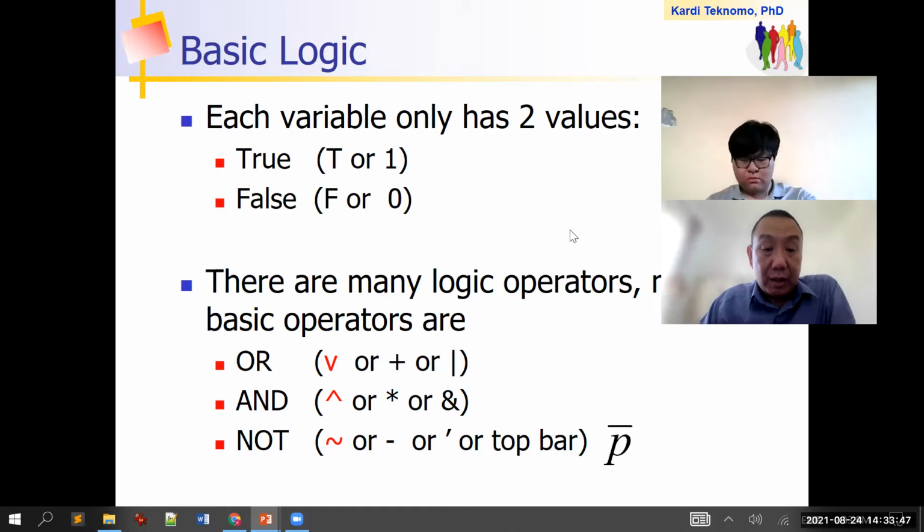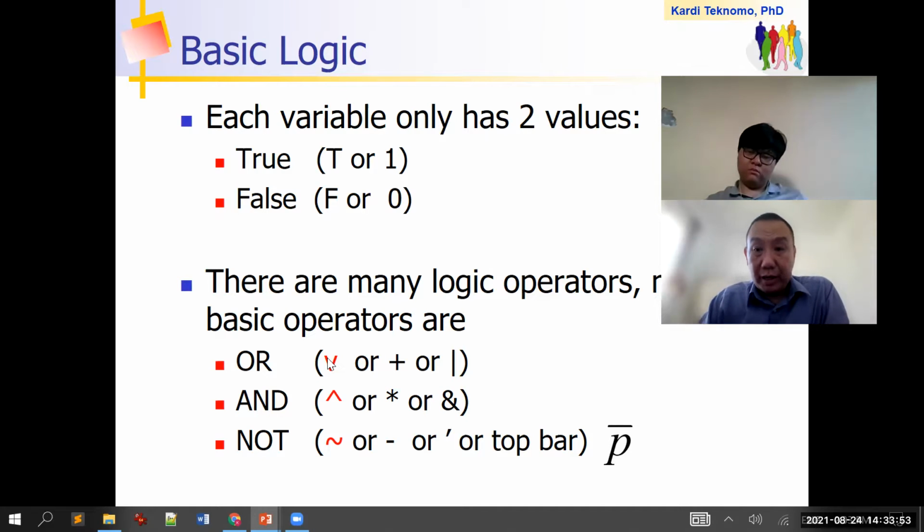I will abuse the notation here. If I say OR, I will use either a V sign, or plus, or sometimes a bar. The next operator is called AND. Again, the symbol will be a caret, the reverse of V, or multiplication, or an ampersand.